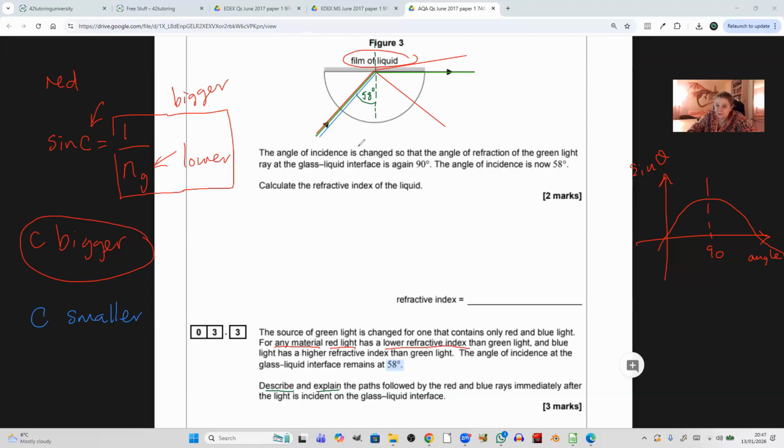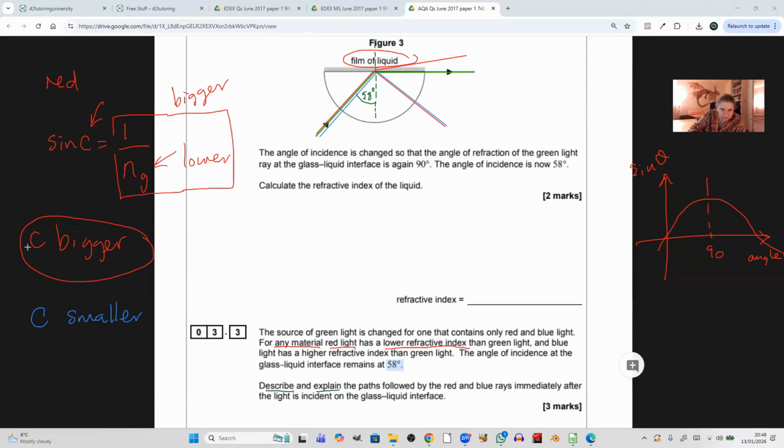It's going to be smaller than 58. So for the blue ray, what are we going to get? Total internal reflection. In fact, all of the light will come this way. All of it. So now we've figured out what's going to happen.